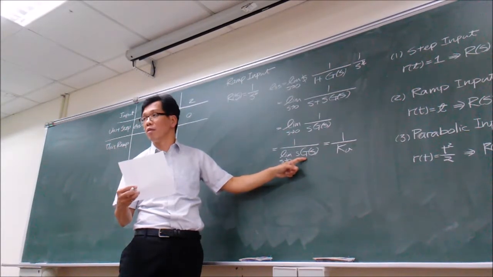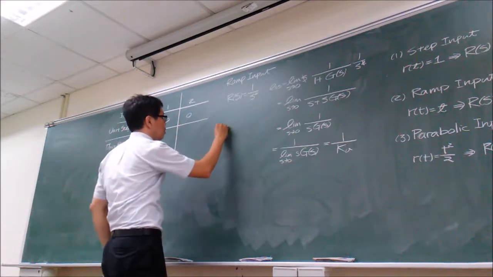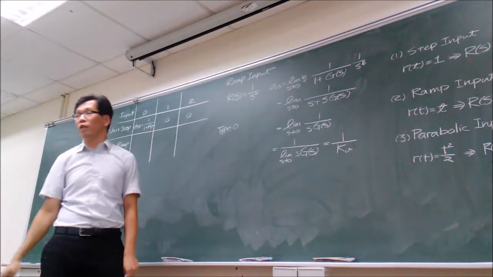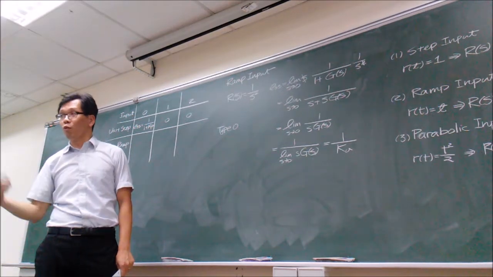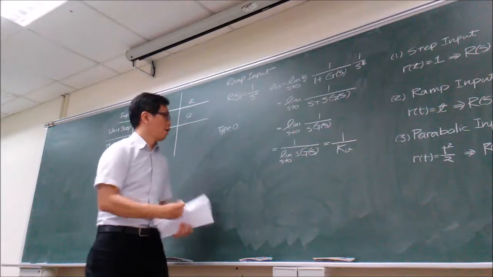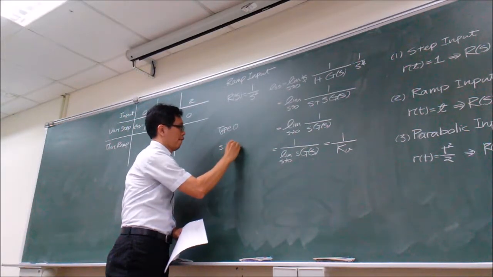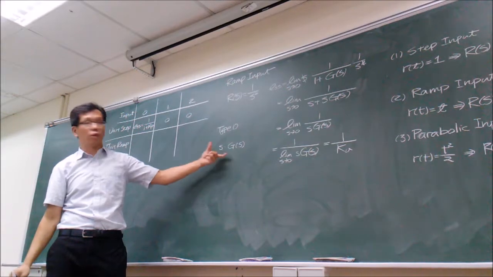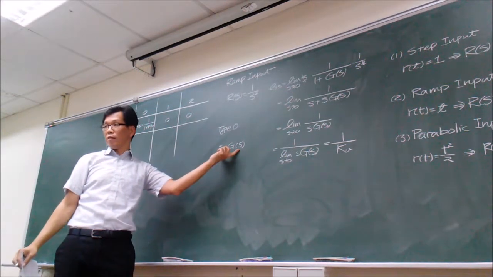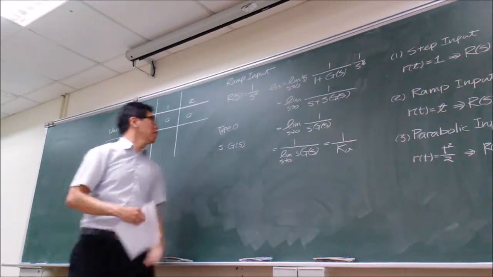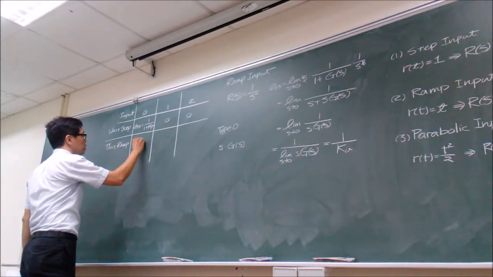Now, if we have type 0, what is type 0? We do not have integrator in our system, which means, can you cancel out the S over here? So if you cannot cancel out the S over here, what happened to this number? 0. When this is 0, what happened to this part? Infinite.